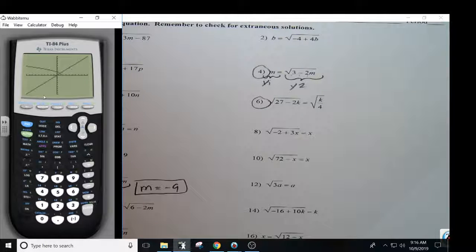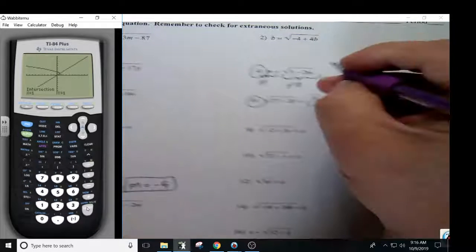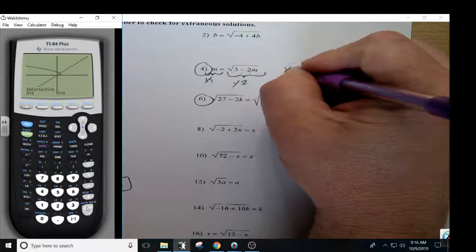Now, guys, where they intersect is going to be my answer. So second trace, intersect. It's already close to the intersection there, so hit enter 3 times. X equals 1.